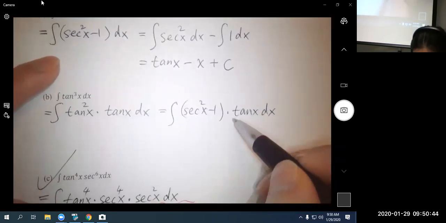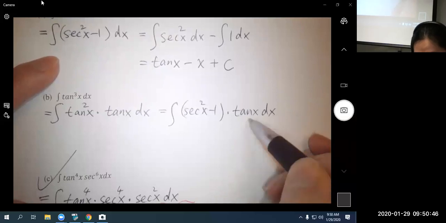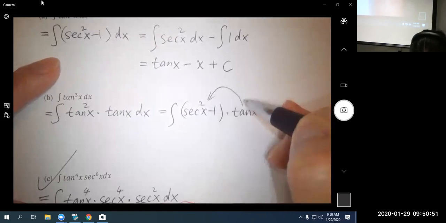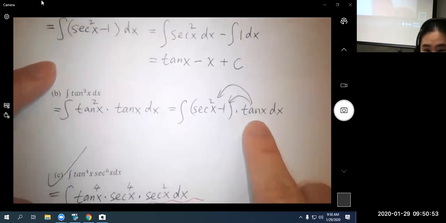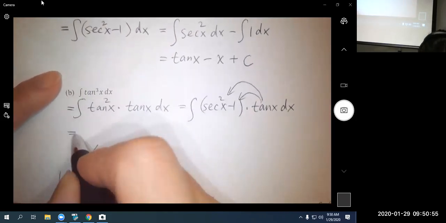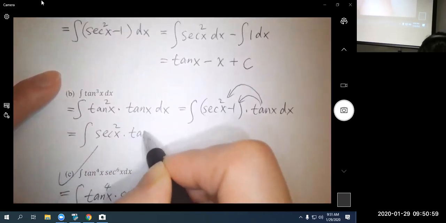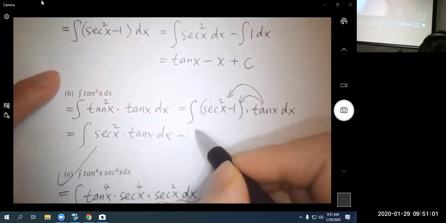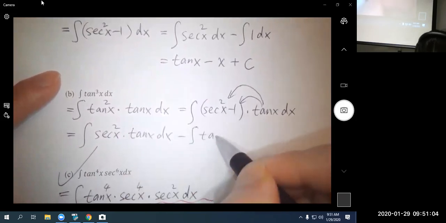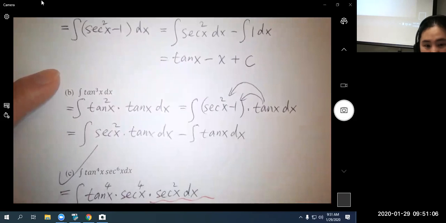Because these two combined together will not give us a d of something equals tangent x dx, we're gonna distribute tangent x. So we'll have the integral of secant x squared times tangent of x dx minus the integral of tangent of x dx.